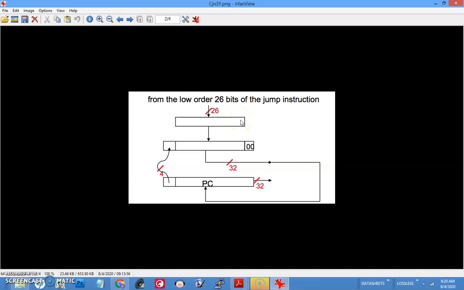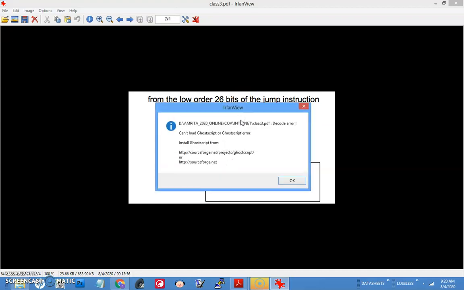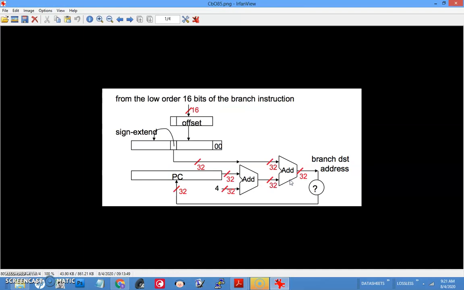Now let us see for the branch instruction how it happens. This is how it happens. The 16-bit offset that you get from the instruction is sign extended after multiplying by 4 to make it a 32-bit quantity.